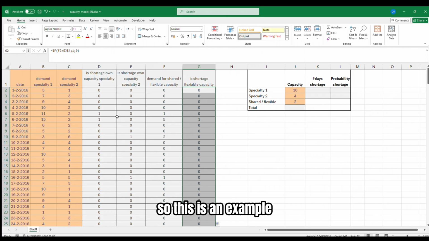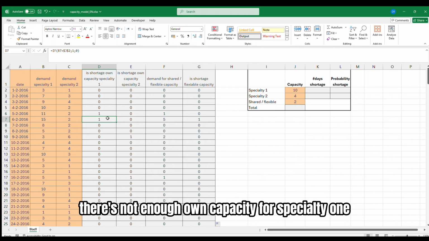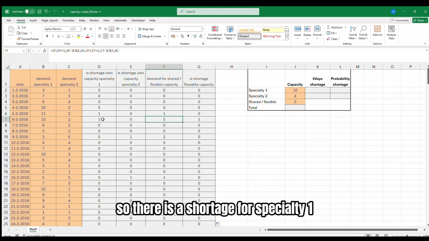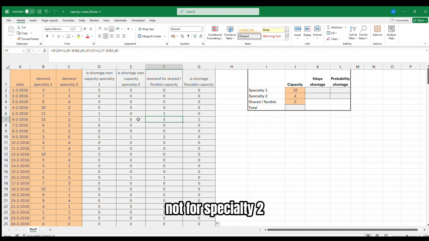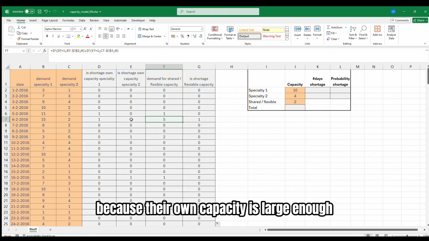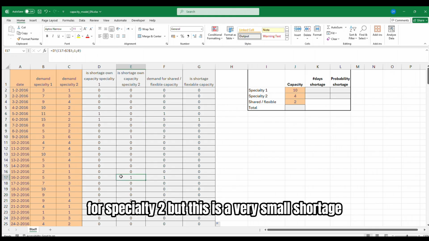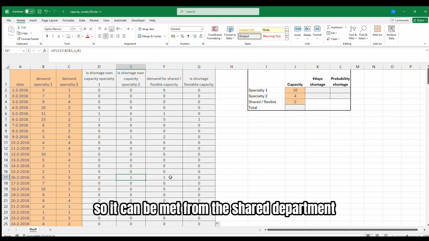So this is an example, and there's not enough own capacity for specialty 1. There's also not enough capacity on the flexible ward, so there is a shortage for specialty 1. Not for specialty 2, because their own capacity is large enough. Here, for example, there is a shortage on their own capacity for specialty 2, but this is a very small shortage, so it can be met from the shared departments.